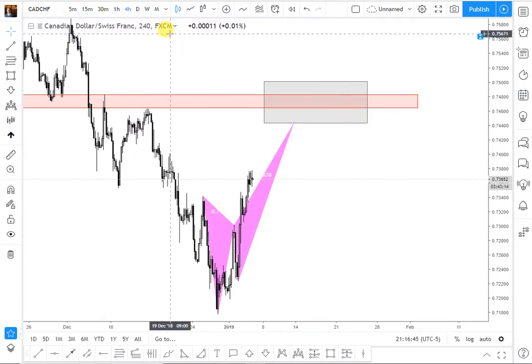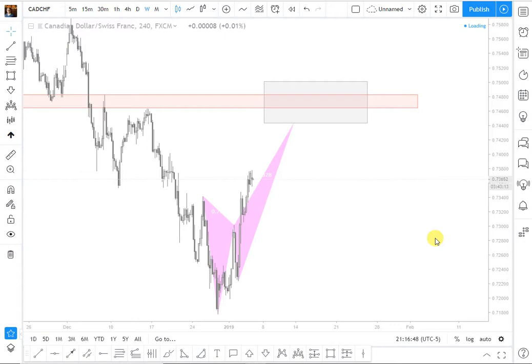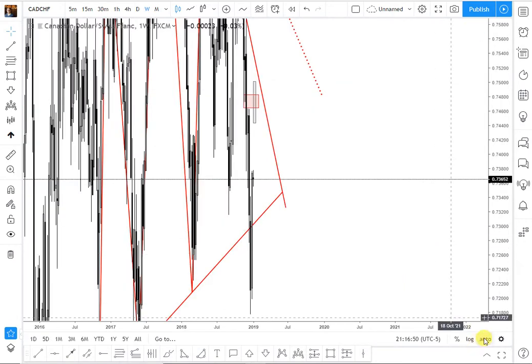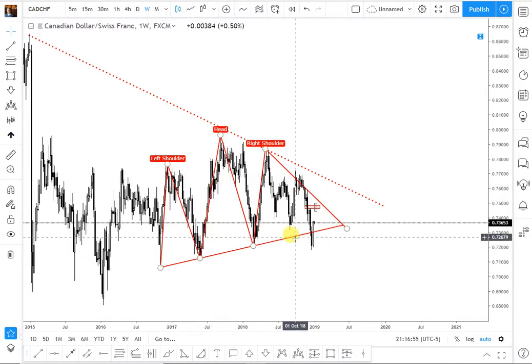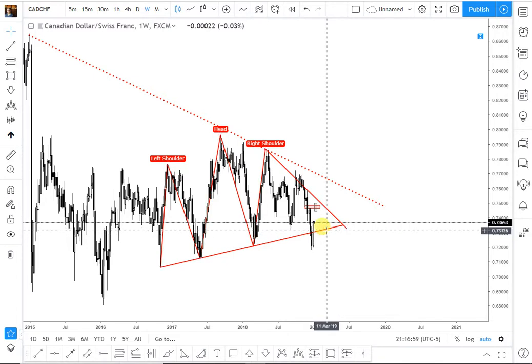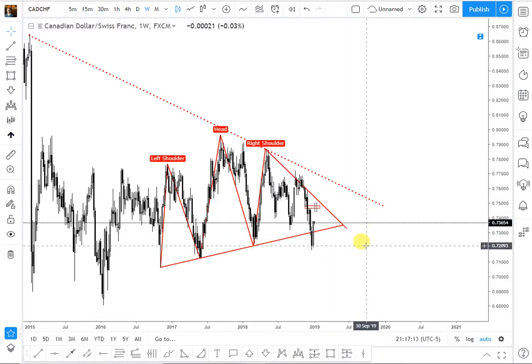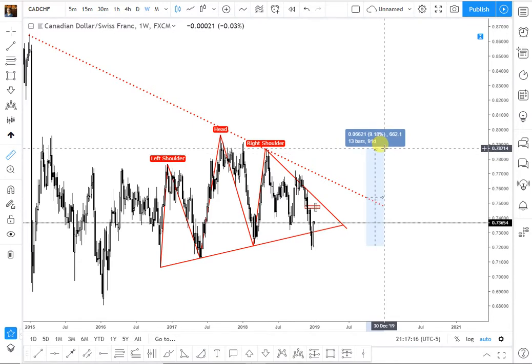And in case we switch to the weekly time frame, we will notice that the pair makes a head and shoulders for us, and it has already broken the neckline, so it is good for sell. But we are looking for a decent stop loss, and instead of entering here, our stop loss would be above the right shoulder, so it's 600 or 650 pips.